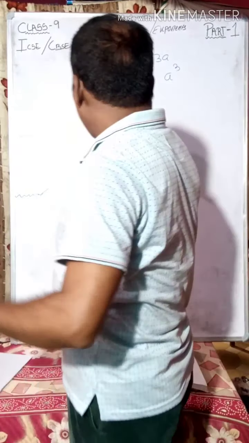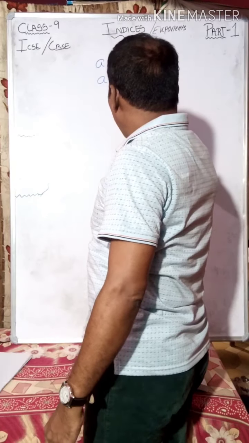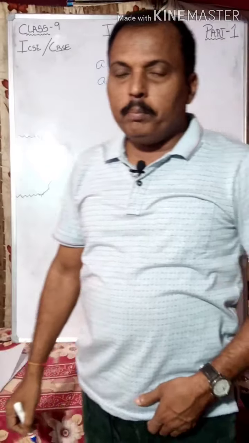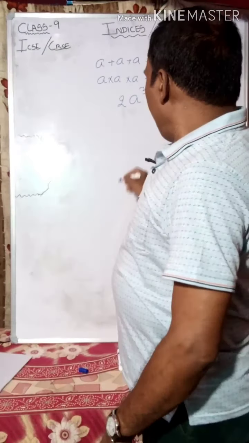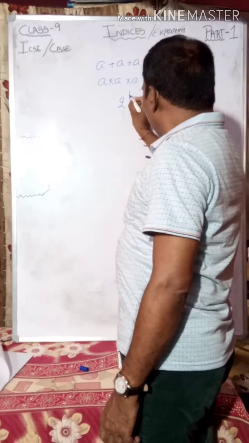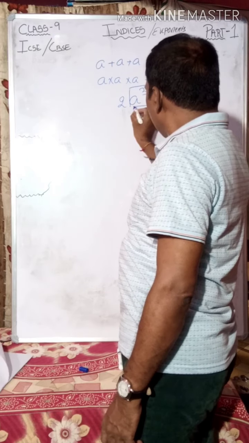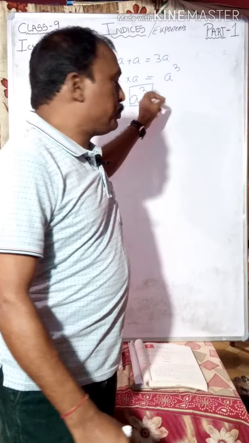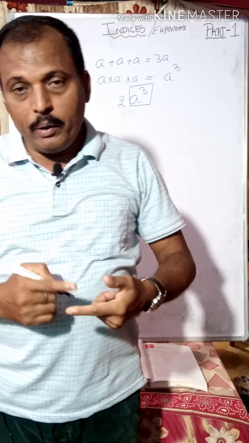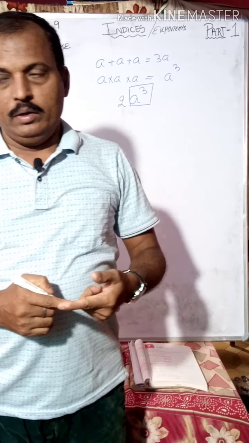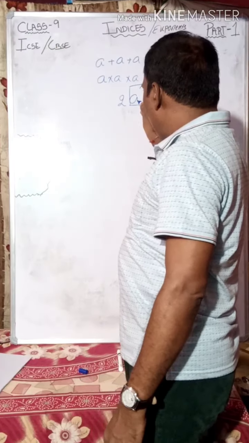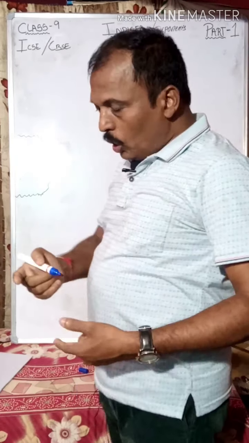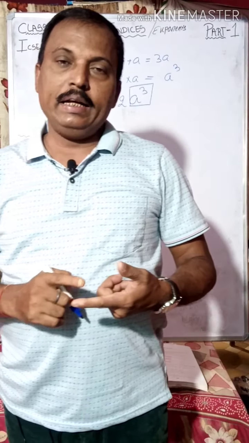Suppose I write another thing, 2a cube. Here a cube is the exponent, a to the power 3. And what is 2, other than the exponent? That is the coefficient.